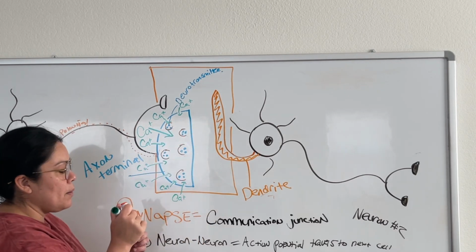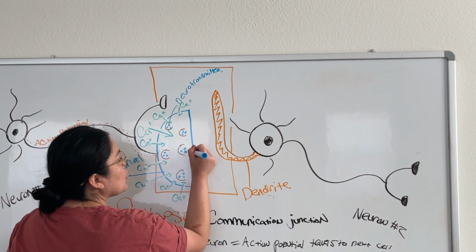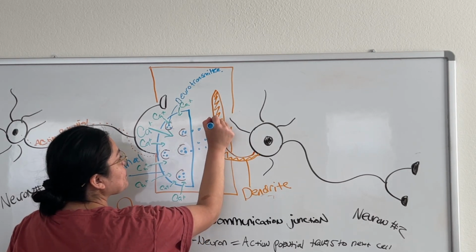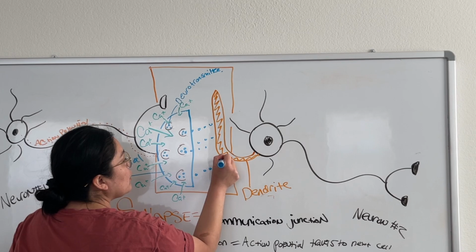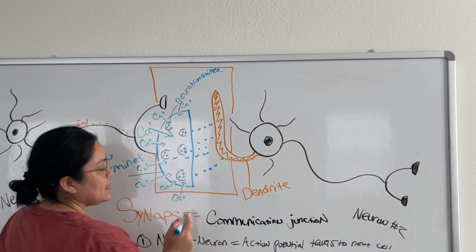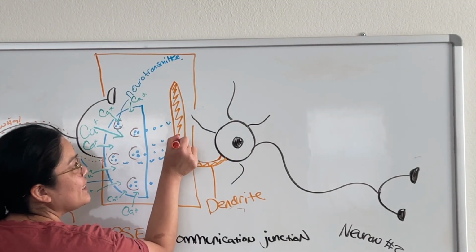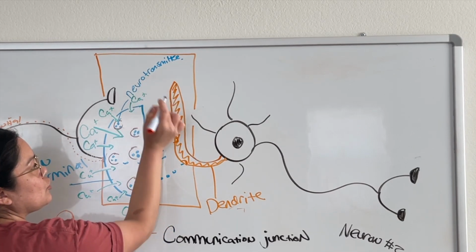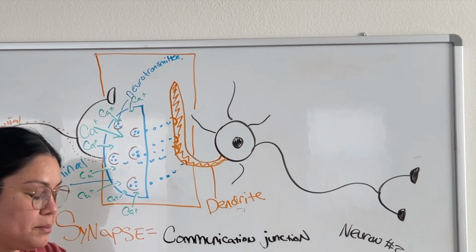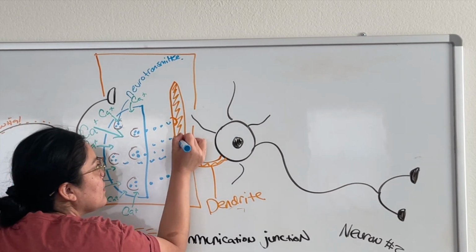The neurotransmitters are going to go across the synapse and be received by the second cell. Specifically, there are these little tiny receptors receiving the neurotransmitter. The neurotransmitter is going to go in here and be received.